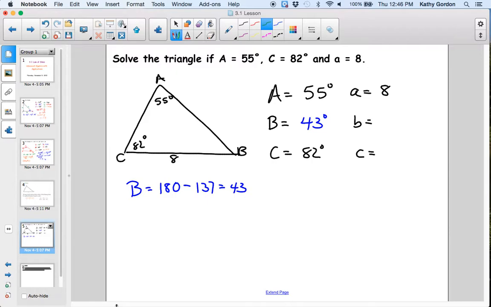Nicole, what'd you find next? I got B. Oh, side B? Side B, sorry. Okay. So how'd you find side B? Sine 55, so 55 degrees over 8 equals sine 43 degrees over B. And I did the math. So what'd you end up with for B? Wait a second.